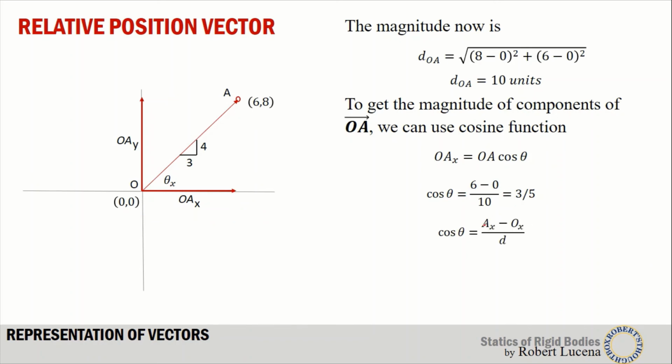And that is simply Ax minus Ox, so the x coordinate of A minus the x coordinate of O over the distance of OA, that is said to be the cosine theta, or the direction cosine theta x. We will use this property later on, and also we can see that to get the x component, that is simply the direction cosine times the magnitude of the vector. So again, the direction cosine is simply the change in coordinate about the x-axis over the magnitude of the vector.